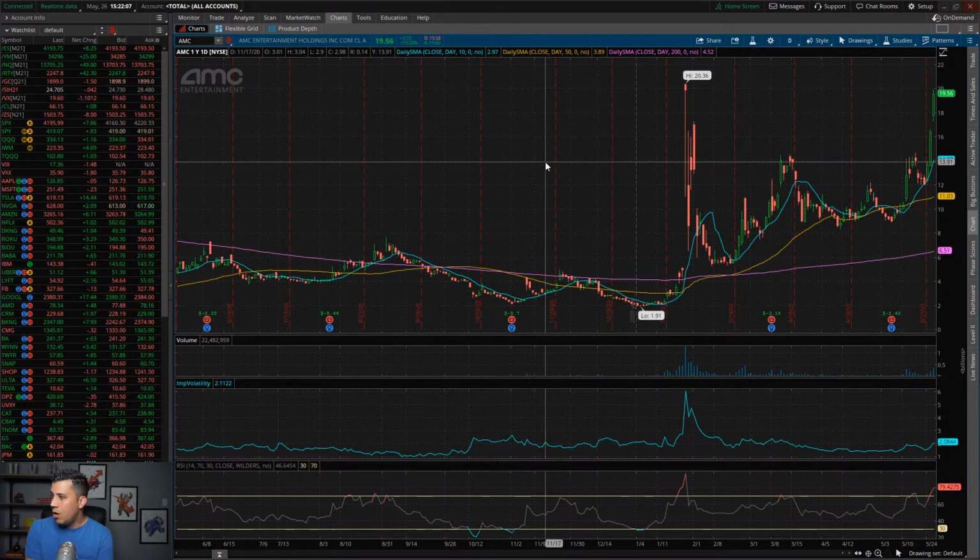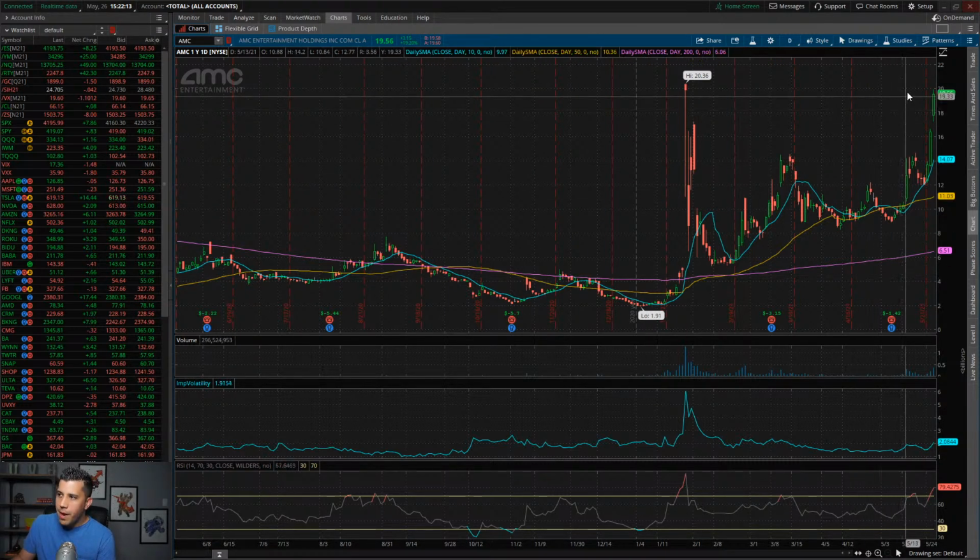So when we're looking at this right now, I'm not going to enter a trade, and you're like, why is that? Is it on the verge of breaking out? But this is the 1 year chart, and this could absolutely be a double top.